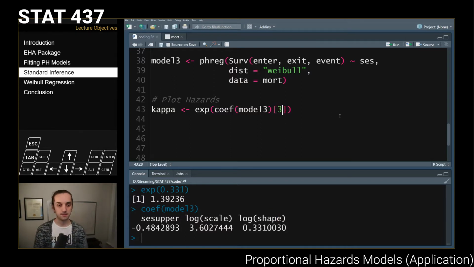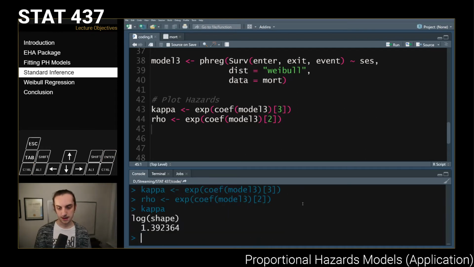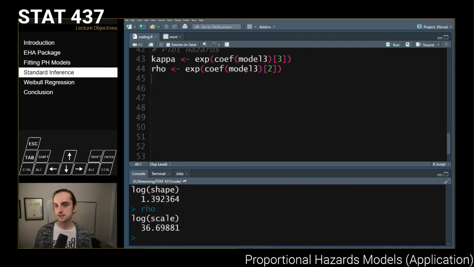And so kappa is going to be the third one, and rho is going to be the exponential of the coefficient for model 3, this time the second one. So we can define our kappa and our rho, and we can see that kappa is 1.4, which is what we had seen before. Rho is about 36, right?